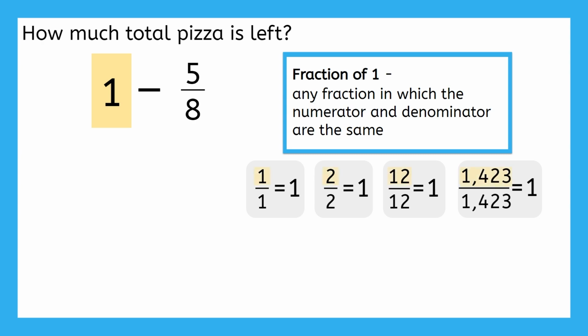Remember, the numerator represents how many parts we have, and the denominator represents how many equal parts the whole is divided into. So if the numerator and denominator are the same, then we have all of the parts, or one whole.